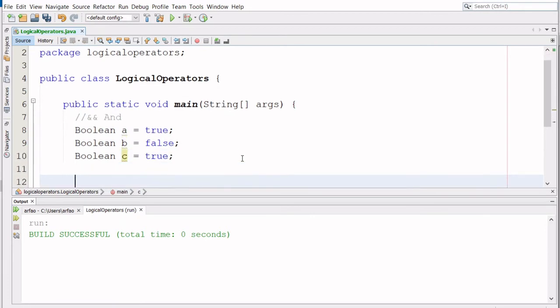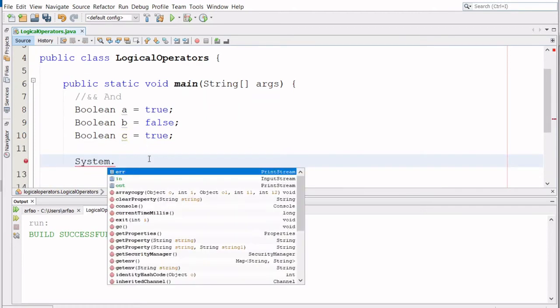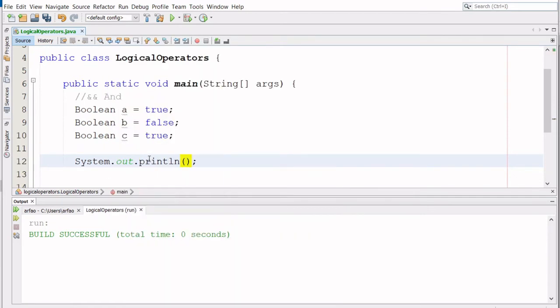Now, let's try to print the outcome of A and B. So the expression that we have here is going to be A and B. System out println A and B. So we're using the AND operator here to find out the outcome of expression A and expression B. Like we said, only if both sides of this statement are true will the outcome be true.